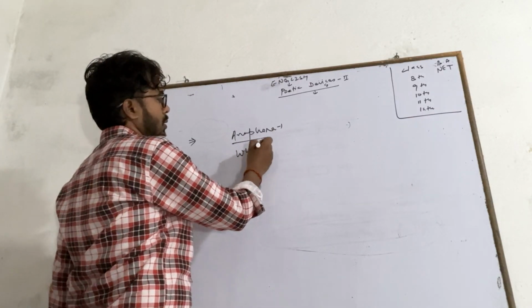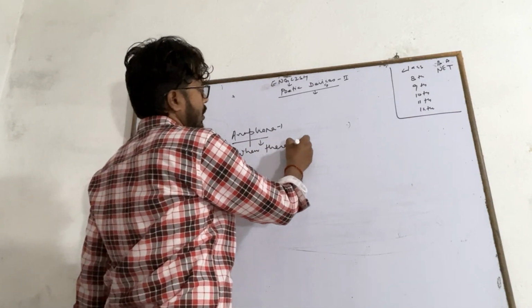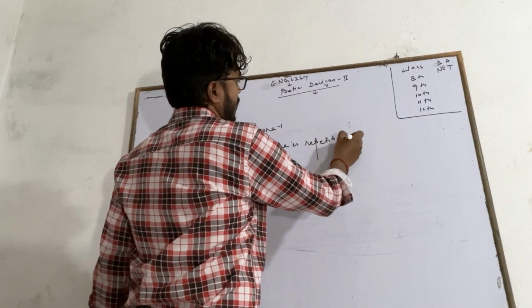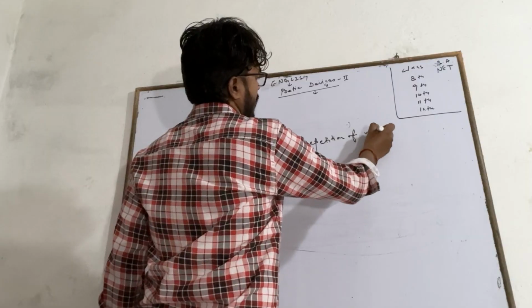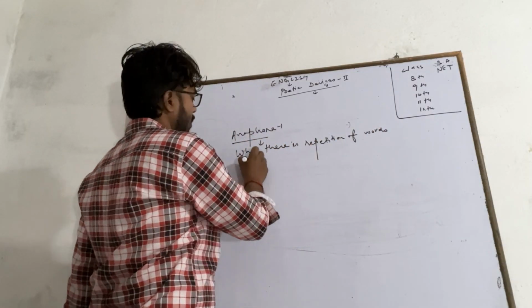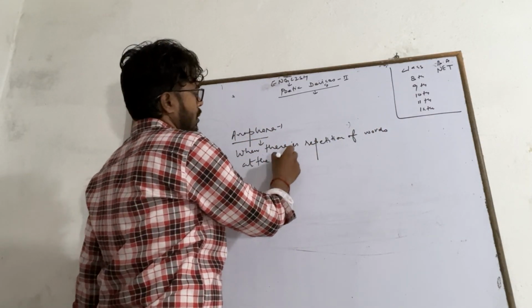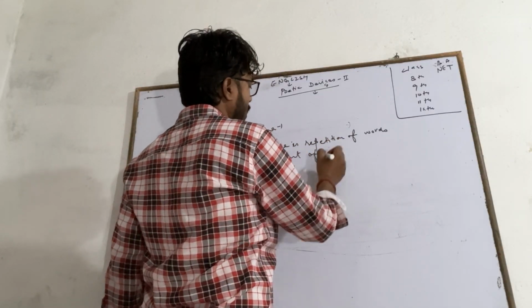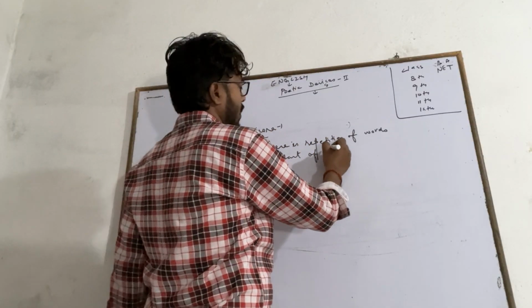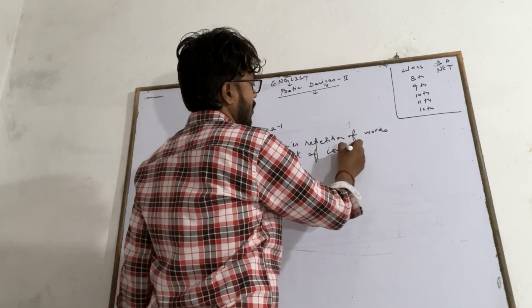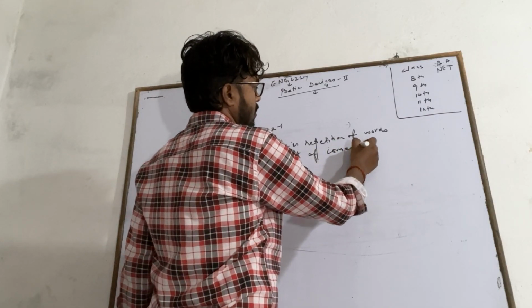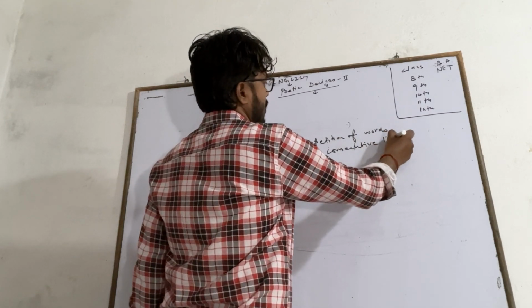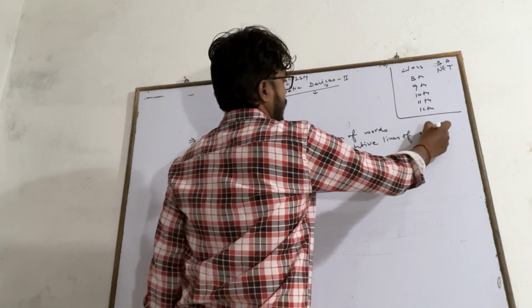Anaphora is when there is a repetition of words at the start of consecutive lines of a poem.